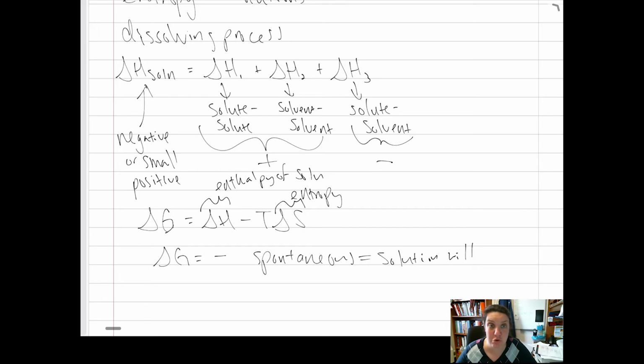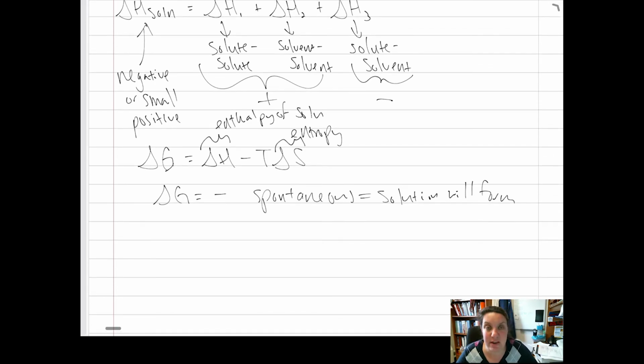So you should be able to use this equation to describe what's going on in the solution. Entropy itself, that randomness that occurs when we make a solution, that'll always be positive. So when the entropy term is positive, that will make this negative, right? And then if we have an enthalpy that is negative or just barely positive, we'll be able to have a delta G that is negative and we'll make a solution.